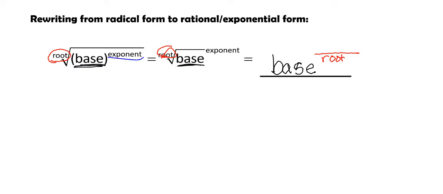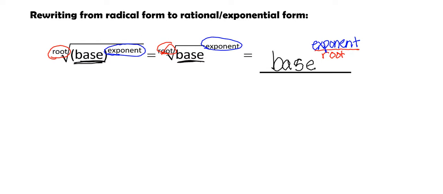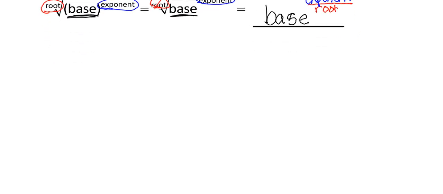And then the exponent that's underneath the root, or it could also be on the outside here, will be the numerator of the exponent. So that is the general form for our rewriting.